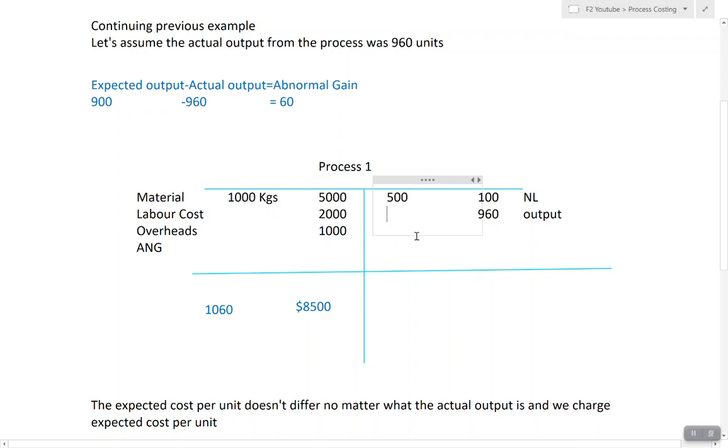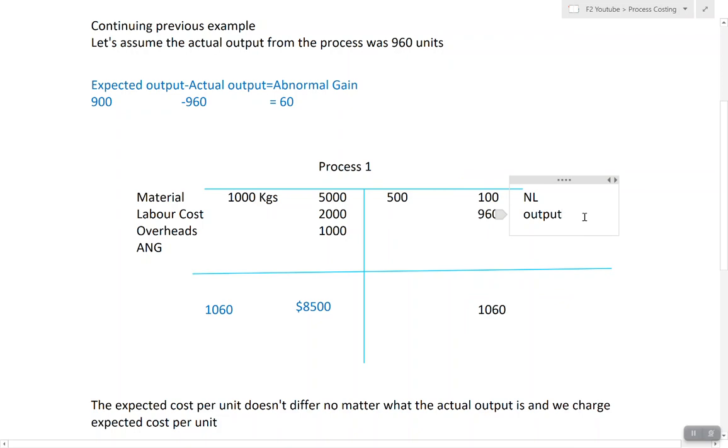We will calculate the cost. Now, if you look at the side, this becomes 1060 and it doesn't balance. So we wrote abnormal loss on the right side.